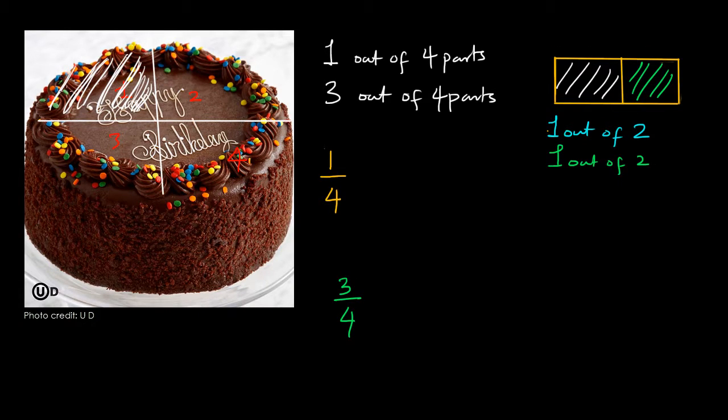Instead of writing one out of two, we can just write this as one out of two. Now, anytime we represent numbers like this, we call this type of numbers fractions. So this is called a fraction. This is also called a fraction. This here is also called a fraction.